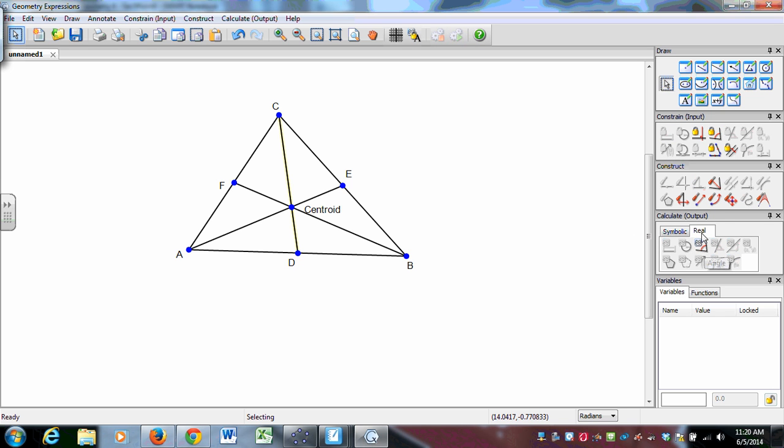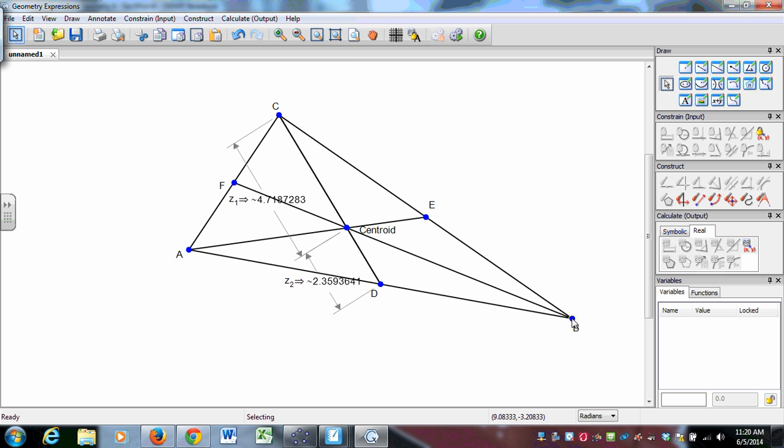let's do them one at a time. If I were to measure them, that's about 3.31-ish. That's about 1.66-ish. Take a look at the ratio between those two. Yeah, it's about 2 to 1.